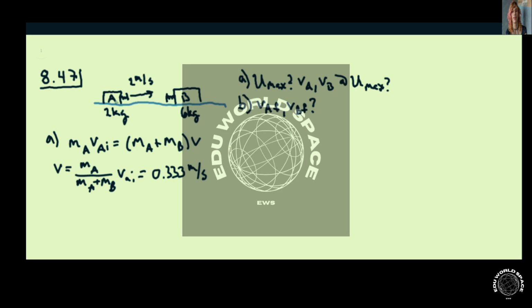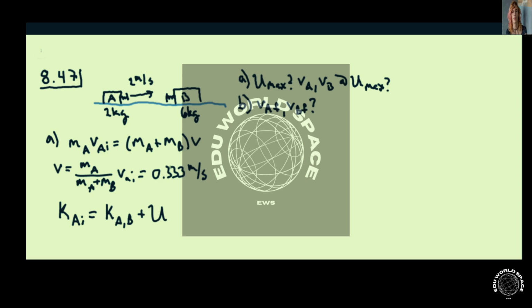So now, because of the conservation of energy, because this is perfectly elastic, the conservation of energy says that the kinetic energy of A initially has to be equal to the sum of the kinetic energies of A and B combined, plus the potential energy stored in the springs.